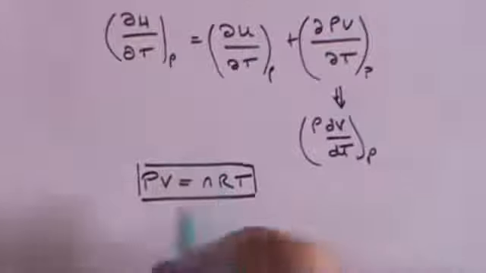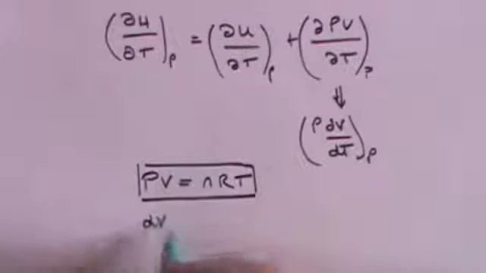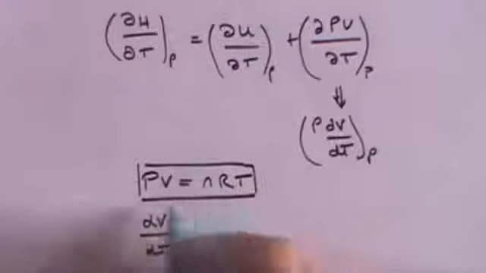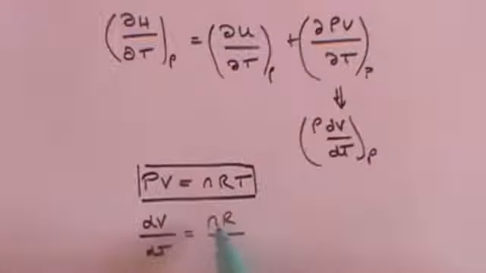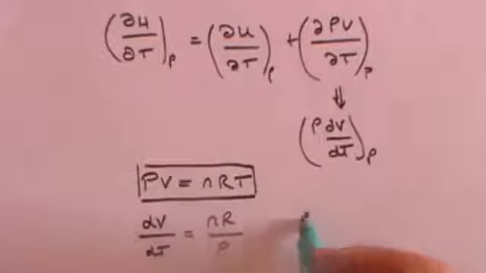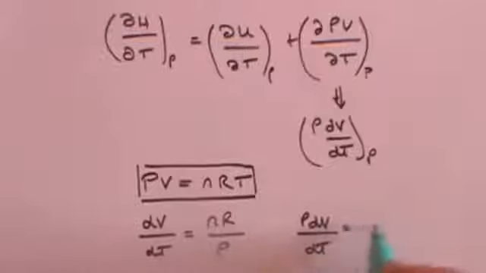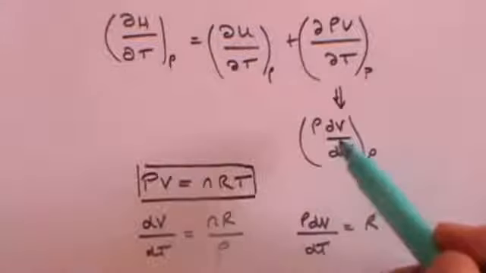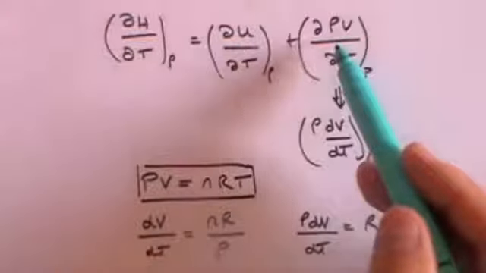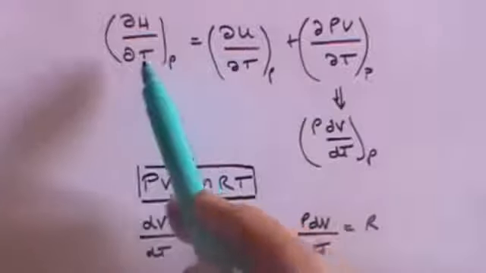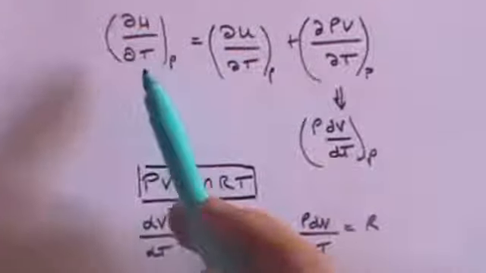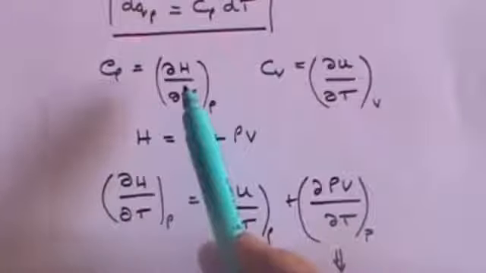And that means that dV by dT is equal to nR over P. And if for the moment we let n equal 1, n you remember is the number of moles of the gas, so let's keep it simple, that means that P dV by dT equals R. And so this term here is R. And so this term, which is dH by dT at constant pressure, well, that is just the definition of heat capacity at constant pressure.